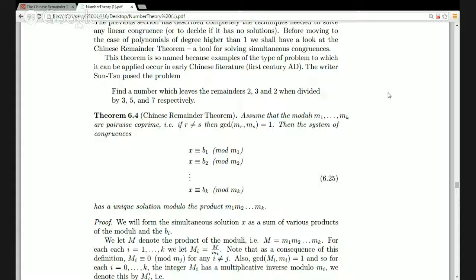Okay, but what does the theorem say? What it says is that if you think of the product of all these moduli, which in our case, when you multiply together all these prime powers, gives you your original modulus n, then the theorem says that there's a unique congruence class, modulo this big integer, which is congruent to each of these, which kind of projects down to each of those.